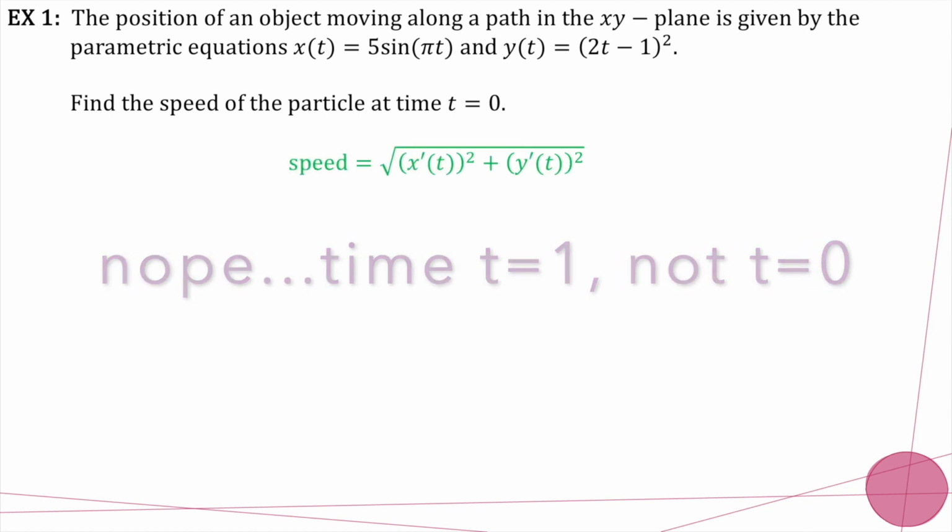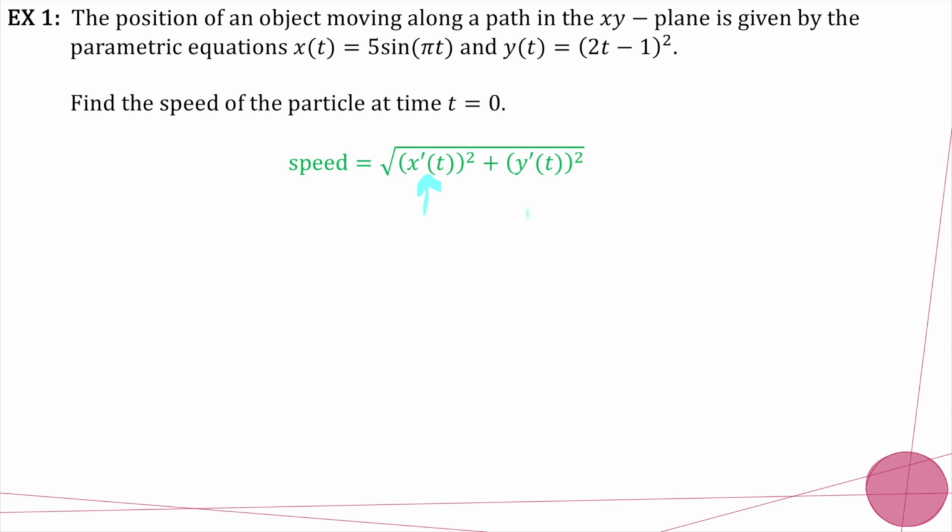For the speed, we need the derivative of the x component and the derivative of the y component. The derivative of the x component using the chain rule is 5 pi cosine of pi t. And at 1, we get 5 pi times cosine pi, so we end up with negative 5 pi.